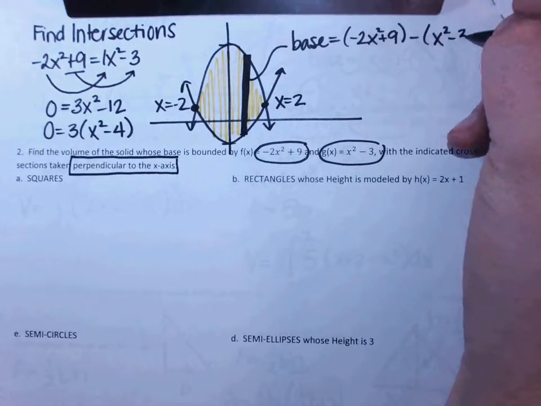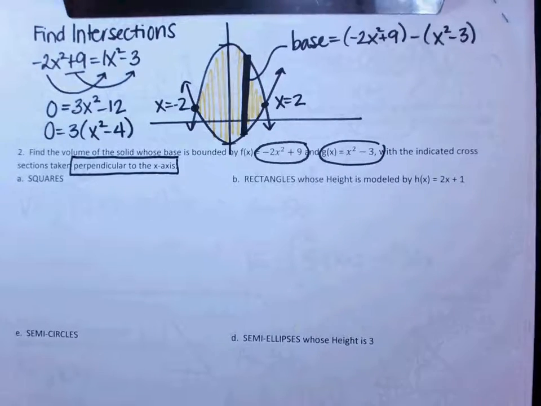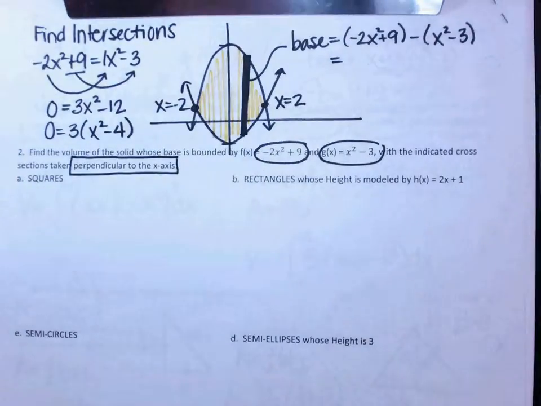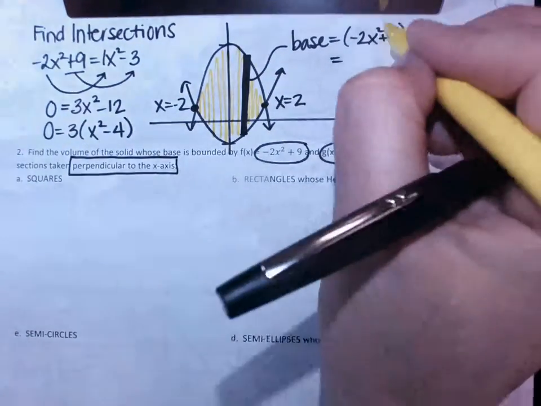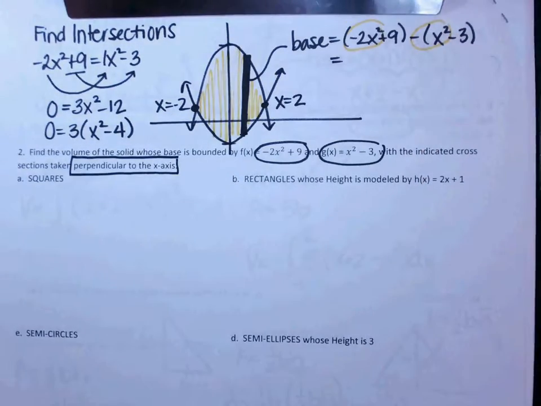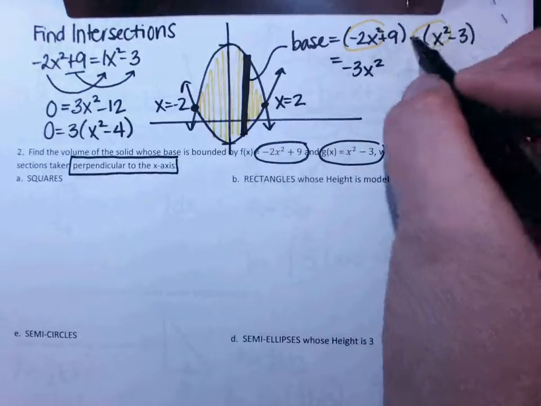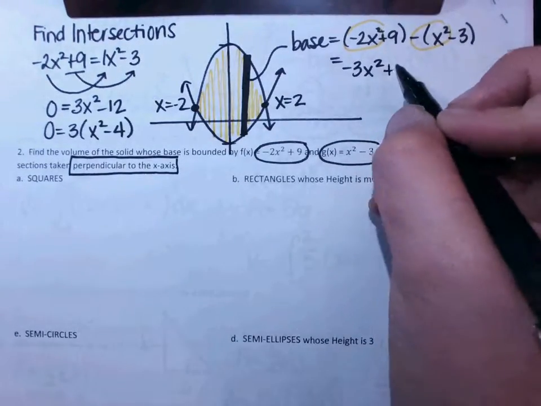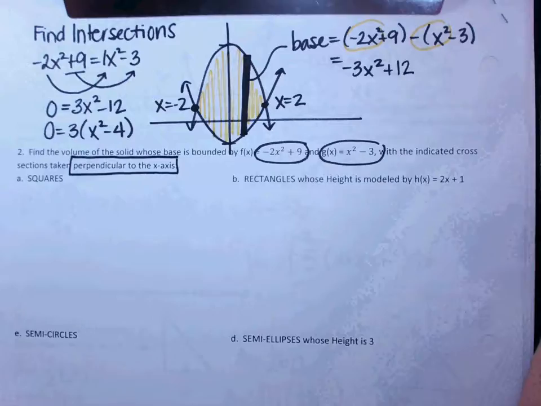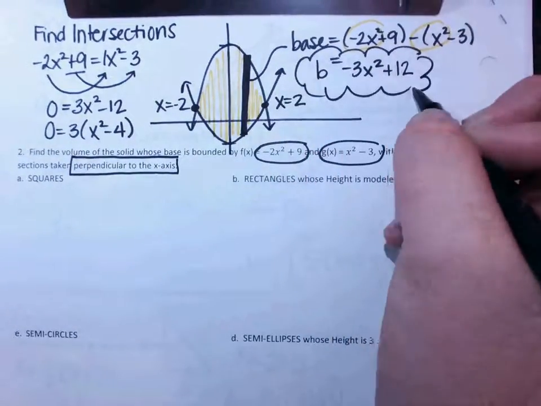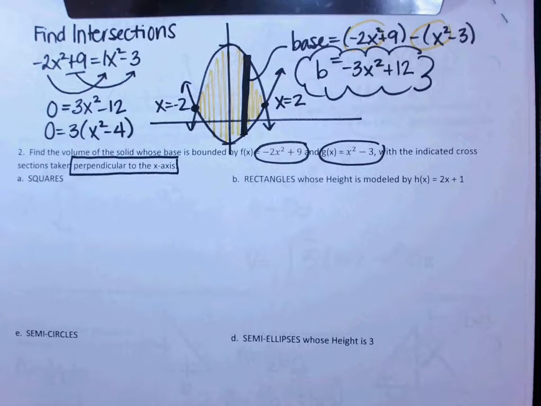X squared minus 3, which is G. Now, you can leave it all complicated like that if you want to, but we're going to have to rewrite it several times, so we're going to simplify. What is negative 2x squared if I minus 1 more x squared? Negative 3x squared. And then what is 9 if I minus negative 3 more? And then that's going to be my base, and I'm going to reuse that no matter what the shape is that they pick. That's the distance across the base of your region.